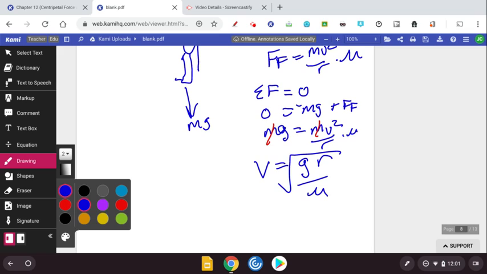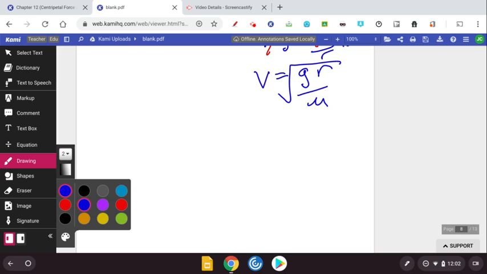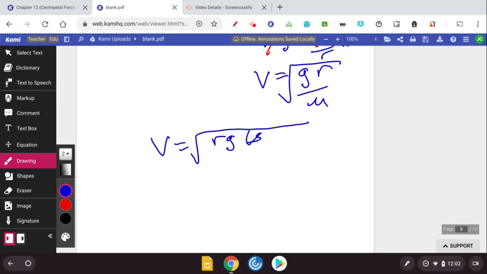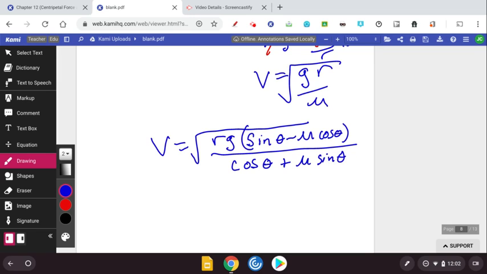And so when we look at the minimum bank curve equation, v is equal to the square root of rg times the quantity sine theta minus mu cosine theta over cosine theta plus mu sine theta. Again, this is at 90 degrees.